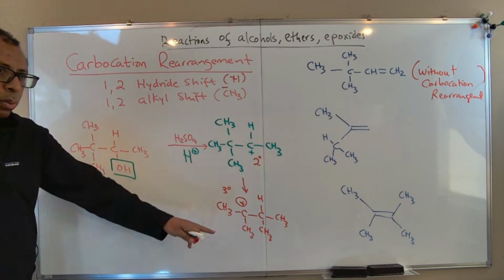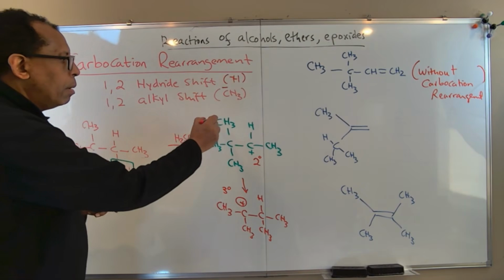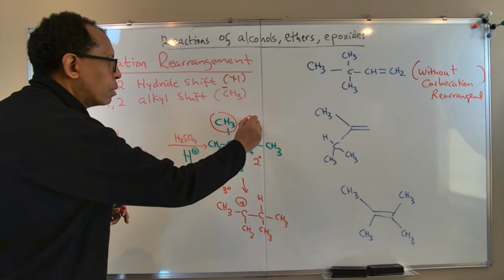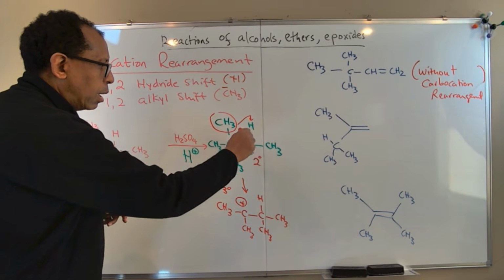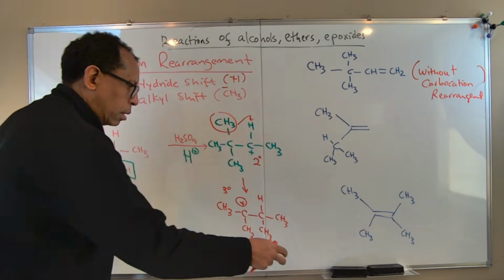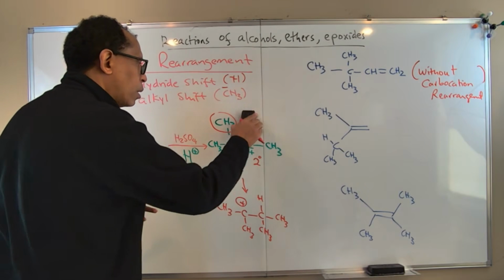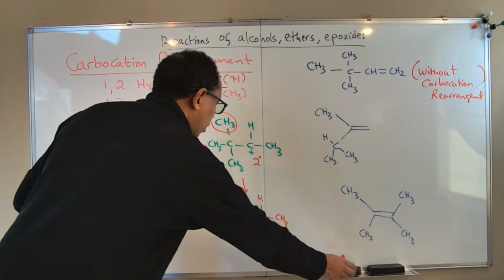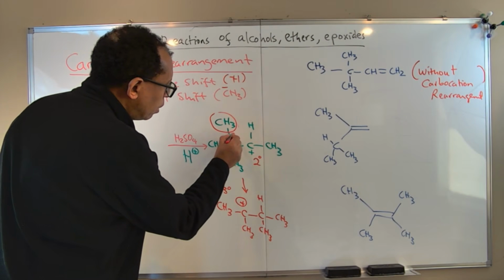You see why it moves the carbocation by this methyl shift. This methyl would shift to this carbon, 1 to 2, not to be confused with hydride. This is not a hydride shift, this is a methyl shift. So it shifts here.